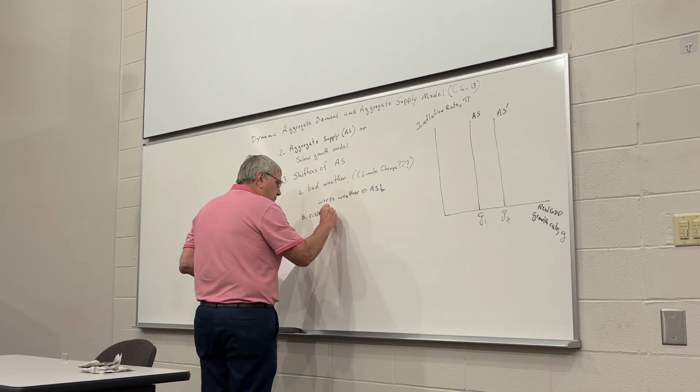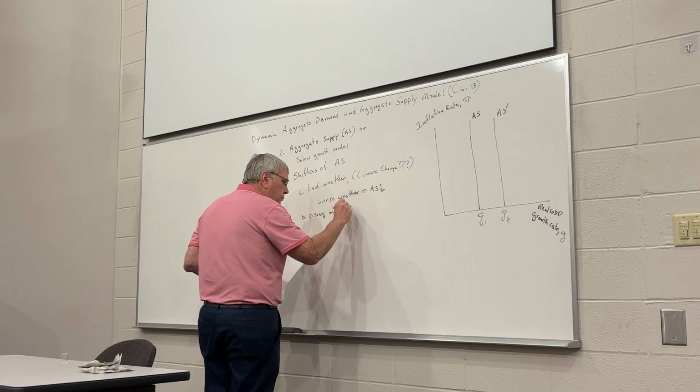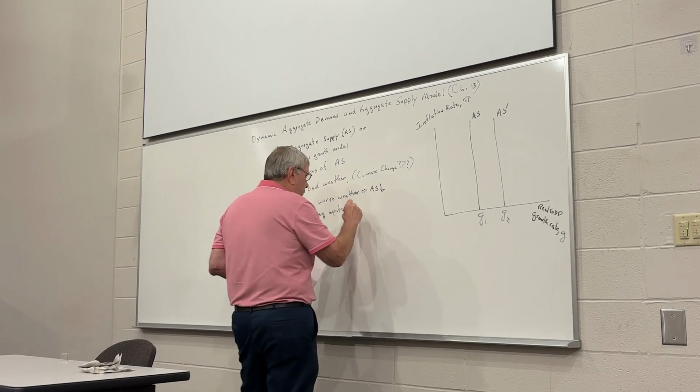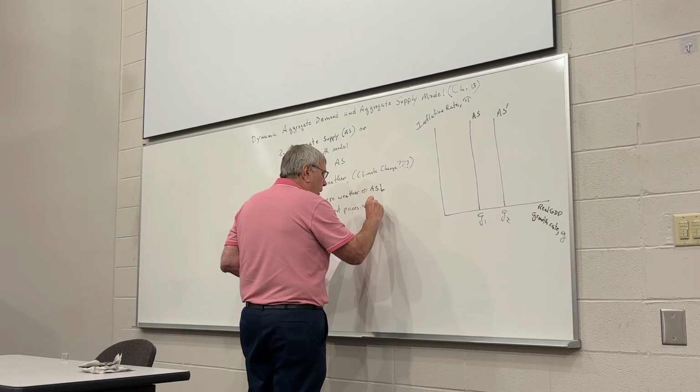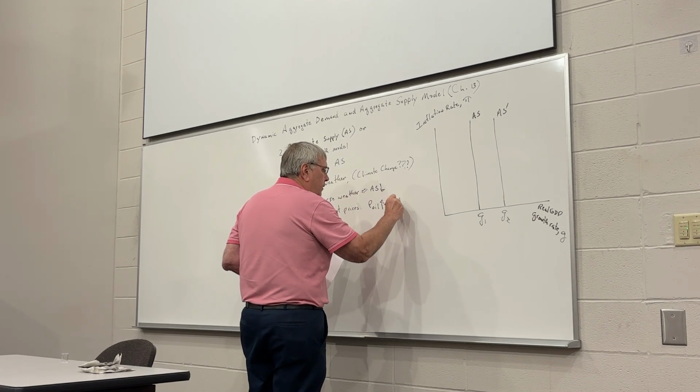Rising input prices. And the key one usually is oil. The price of oil up implies aggregate supply down.